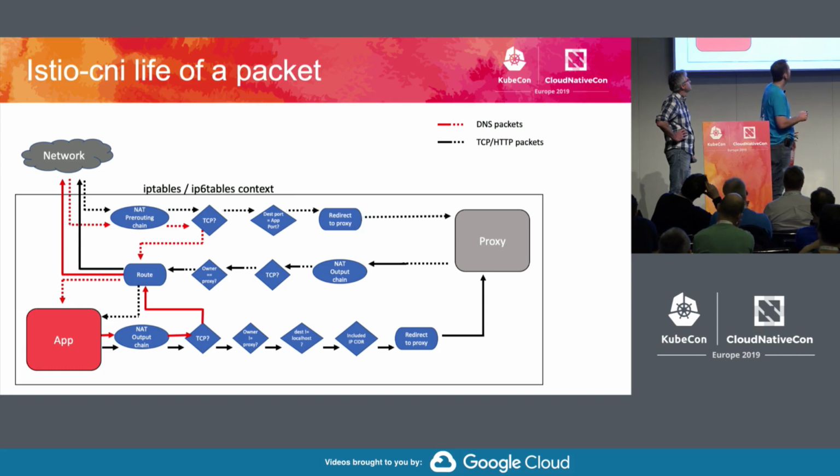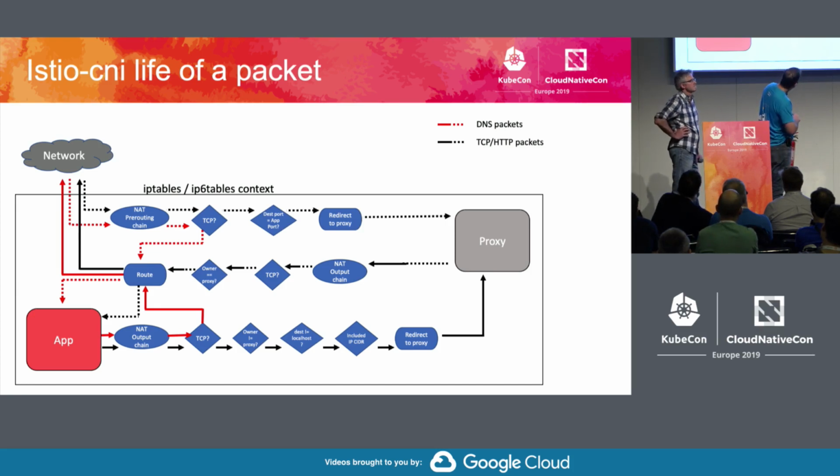Similarly, on the outbound, when the proxy is going to send to this app, the NAT output chain is going to notice, hey, this is the proxy PID sending this, so we're not going to do the redirect back to this guy. It's going to end up in the route target and end up back in the app.